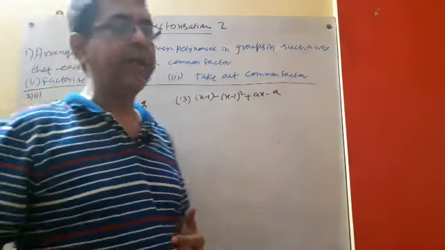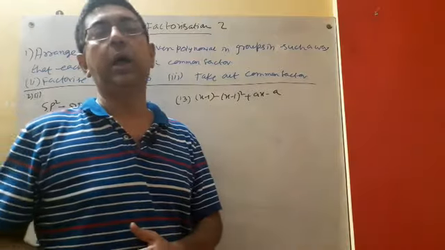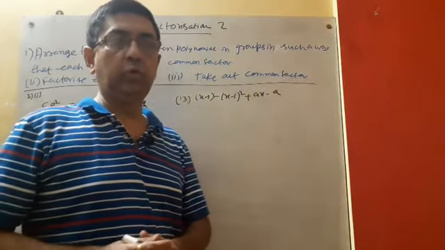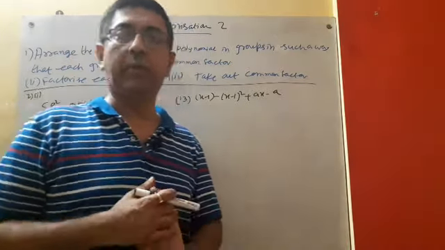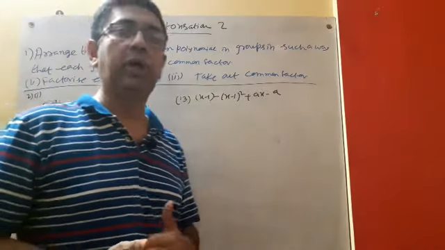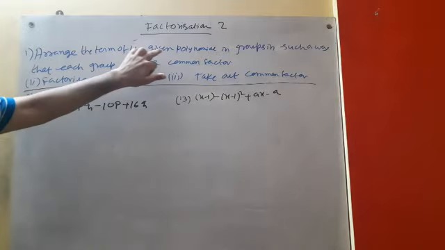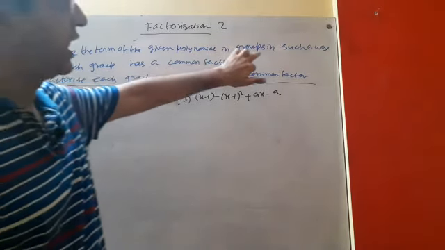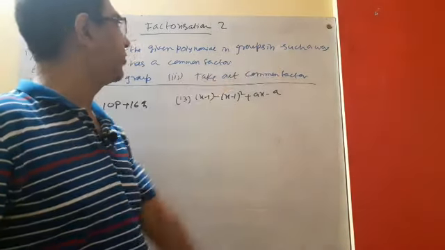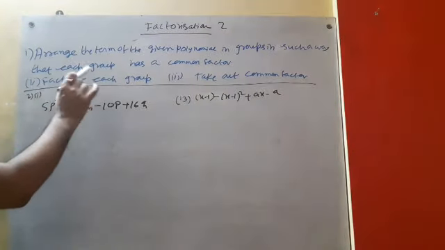That means we'll rearrange the terms so that we can take a common factor from them and ultimately take out the common one. The steps are: arrange the terms of the given polynomial in groups in such a way that each group has a common factor.